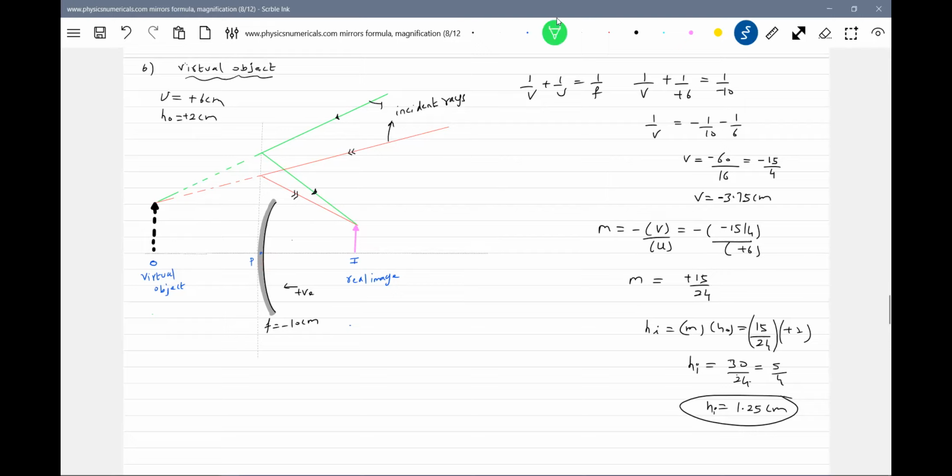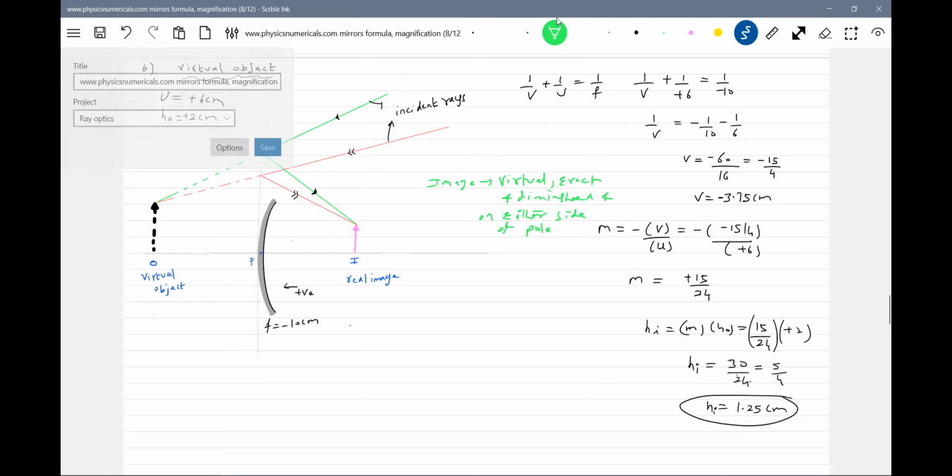Image will be virtual, erect, diminished, and on either side of pole, or between pole and focus. Better select on either side of the pole.